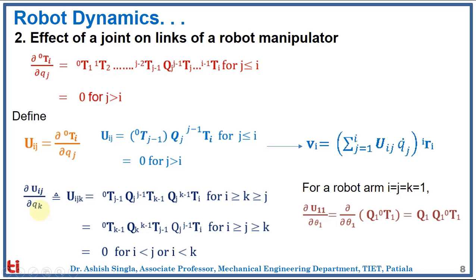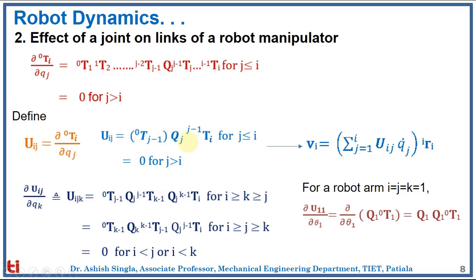That is, we are actually trying to get the interaction between two joints on a link. In this case, i is the link, j is a joint, and k is a joint. So, when we differentiate this expression with respect to qk, we get this expression.